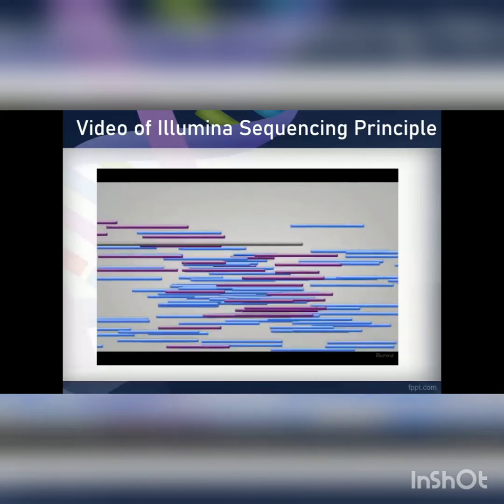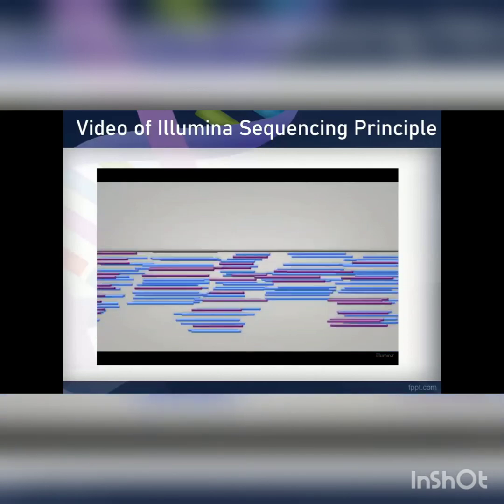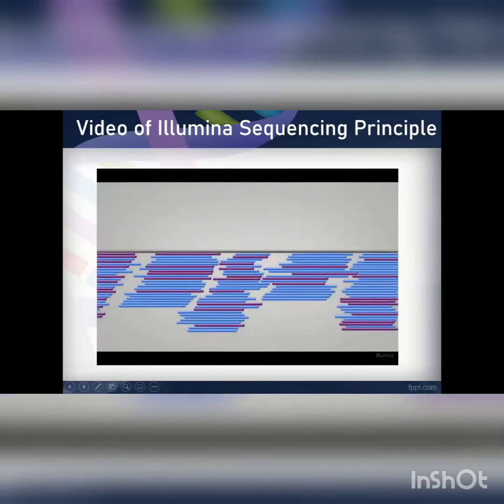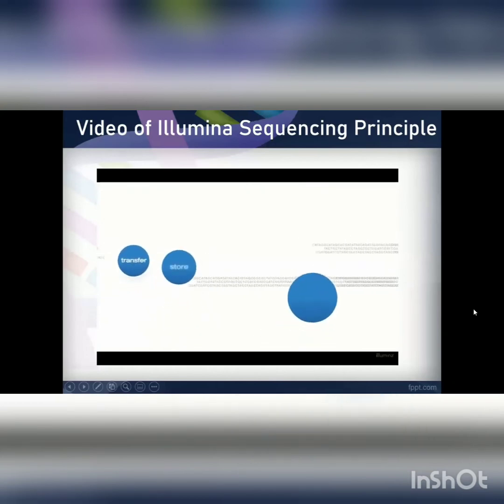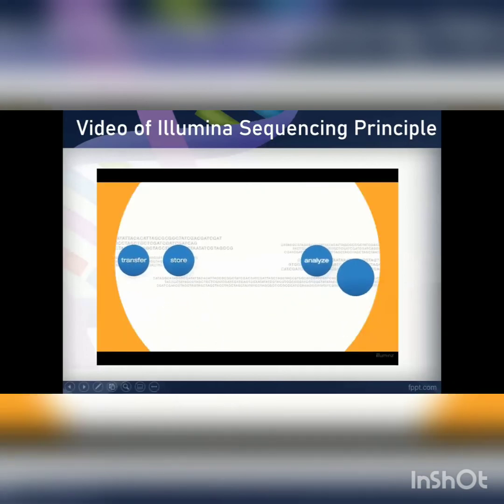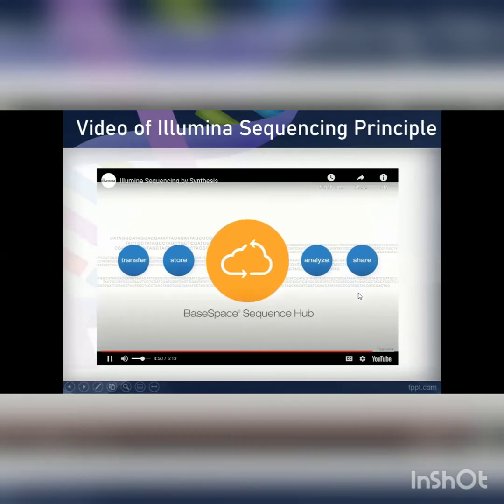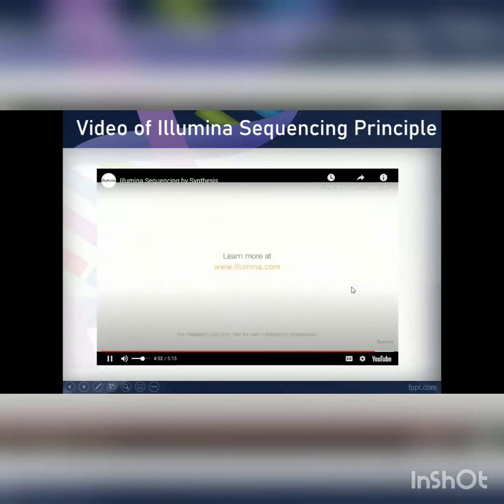These contiguous sequences are aligned back to the reference genome for variant identification. The paired end information is used to resolve ambiguous alignments. Genomic data can be securely transferred, stored, analyzed, and shared in BaseSpace Sequence Hub. Discover the possibilities.